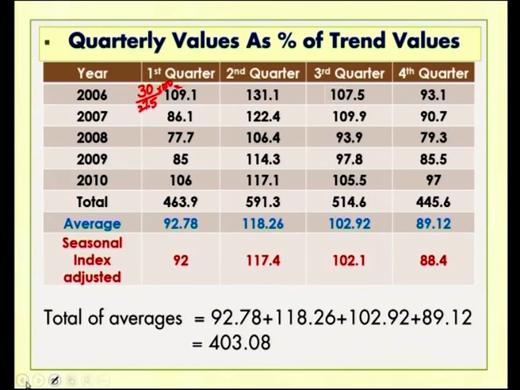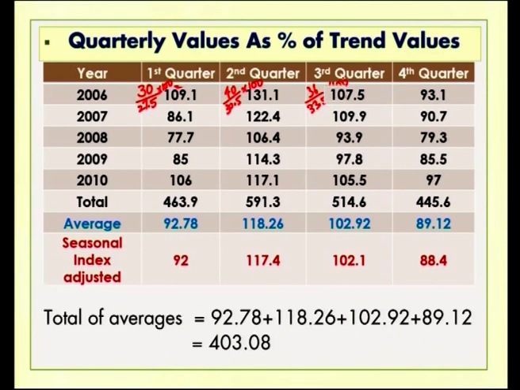Similarly, for the second quarter, 131.1 is 40, given in the question, divided by 30.5 into 100, which is 131.1. Next, 107.5 is similarly 36 by 33.5 into 100, which is 107.5.